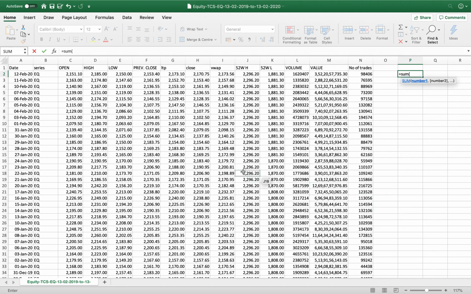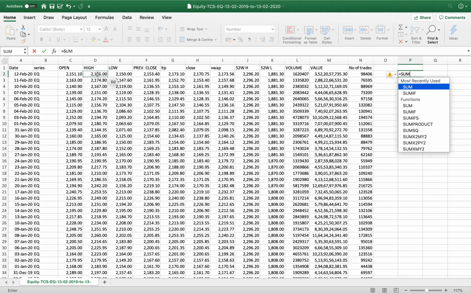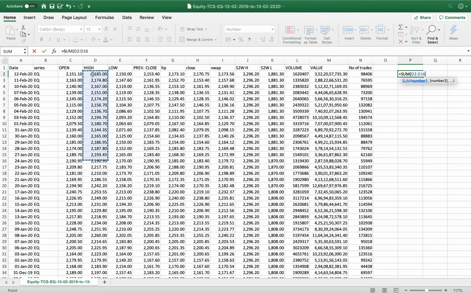If you have to sum 2 numbers, you can simply do it like this. This is the summation of these 2 numbers. Similarly, if you have to sum 20 days of data, you can drag it down to 20 cells, and these are your 20 days of data, right?